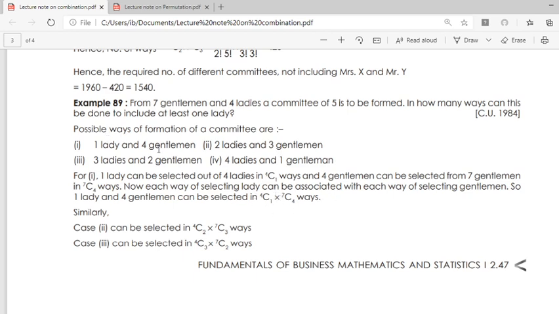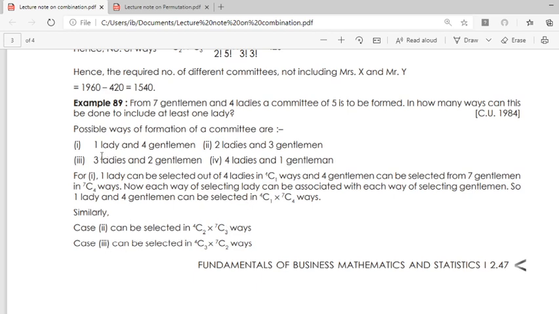You pick it, then you go to case 2. You are taking 2 ladies from 4 ladies, that's 4 combination 2, and 3 gentlemen from 7 gentlemen, times 7 combination 3. That's case 2.